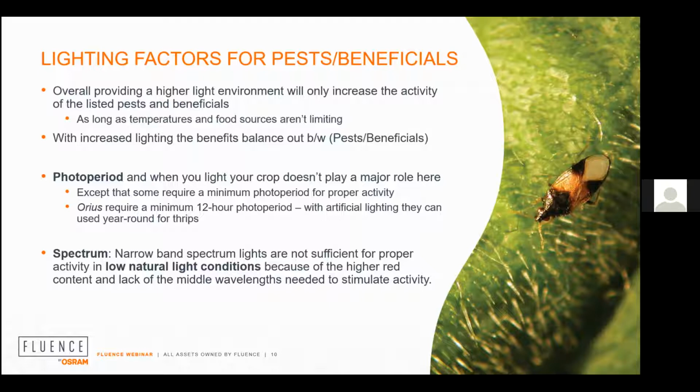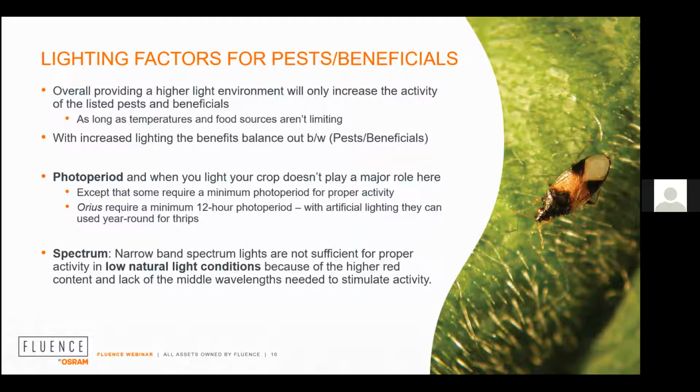Another thing to note here is also the photo period, because I mentioned it wasn't as big of an influencer with pollinators. It can be more of an influencer with your beneficials, because some beneficials actually require a minimum photo period for proper activity. A good example of this is Aureus, because it requires a minimum of a 12-hour photo period.